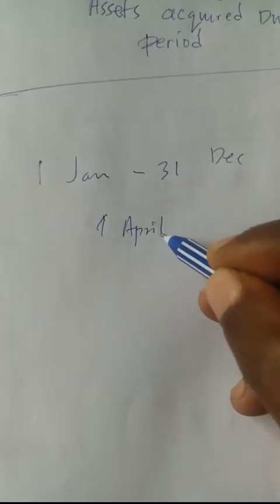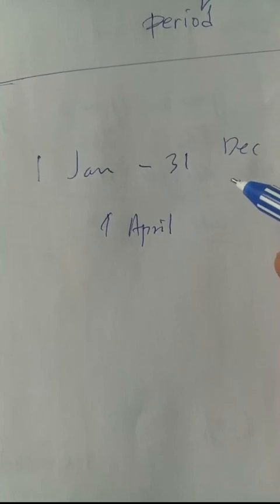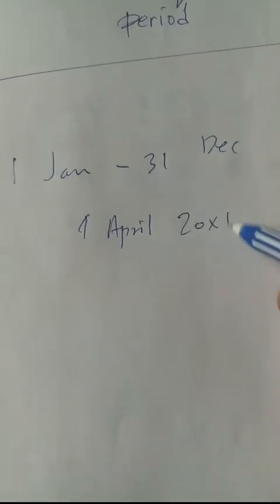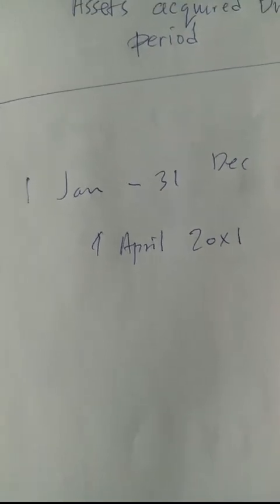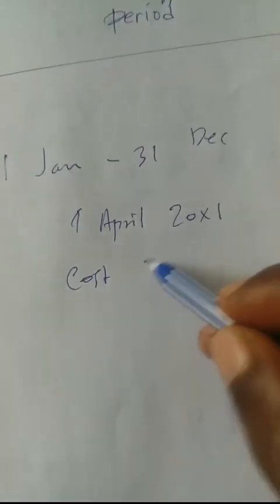What do we do? The question that I have here reads: suppose that a business has an accounting year which begins from 1 January to 31 December. This is the accounting period that this business uses, and it purchases a new non-current asset on 1 April 20x1.